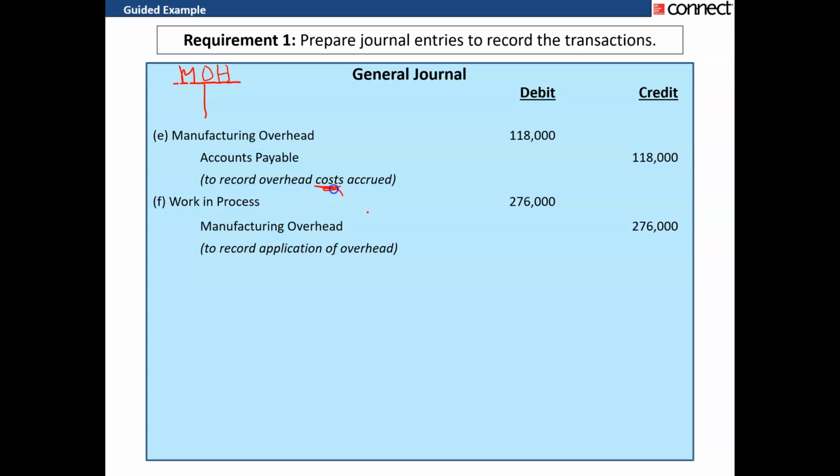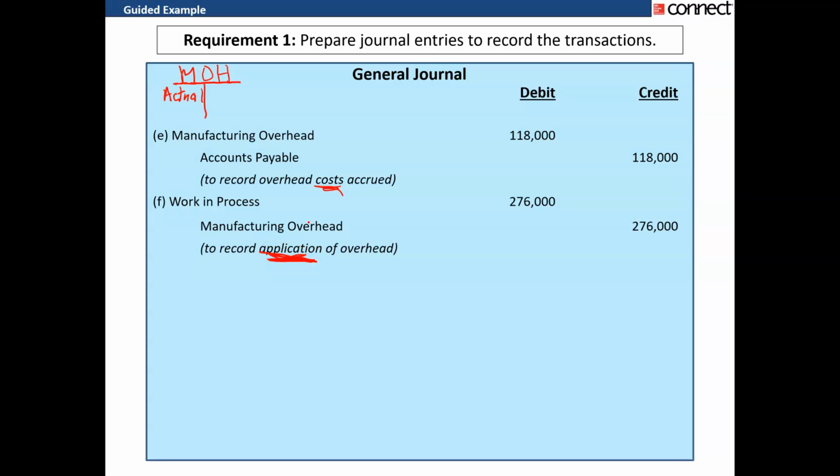Here's a T account of manufacturing overhead. When you record the costs of manufacturing overhead, you're debiting. So the debit of manufacturing overhead is your actual. All of your actual manufacturing overhead costs are debited to manufacturing overhead, as in transaction E. In transaction F, we are applying our overhead.